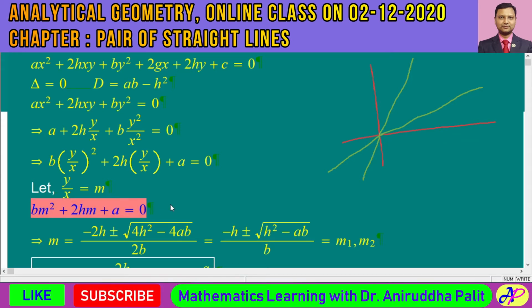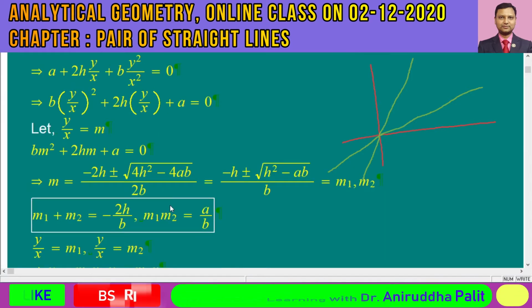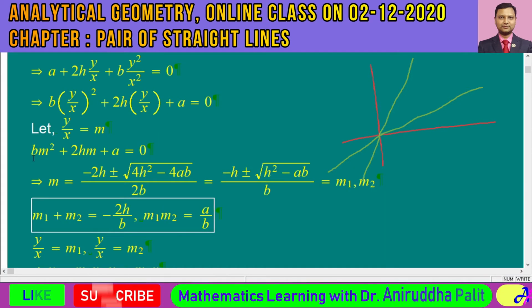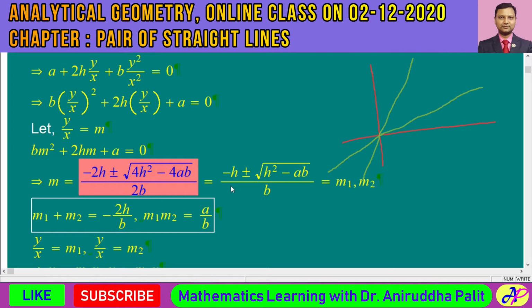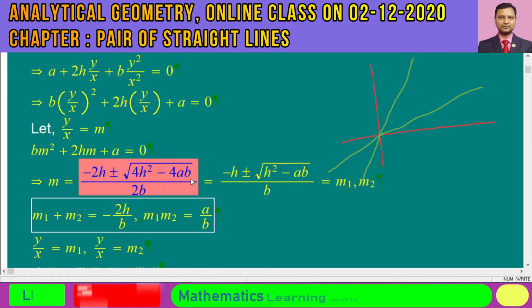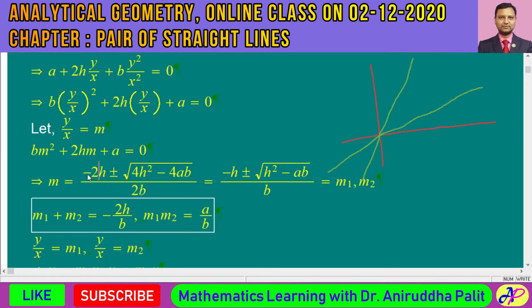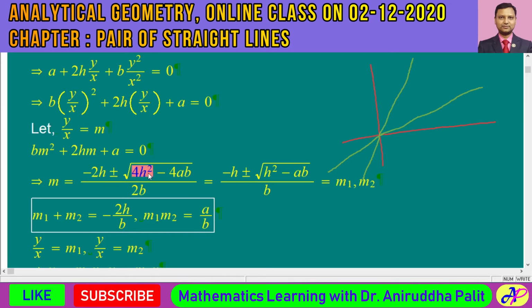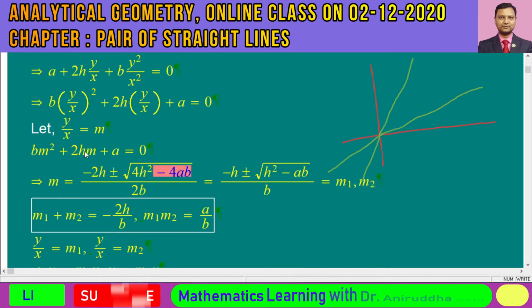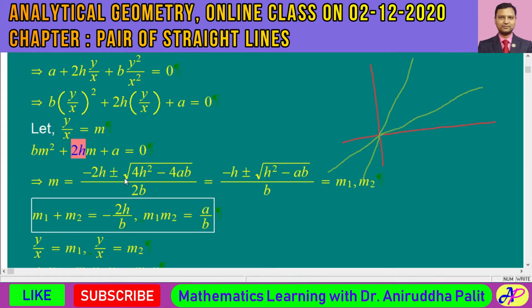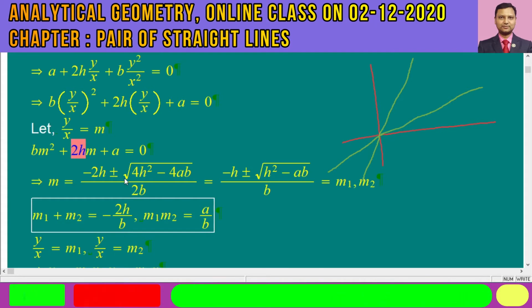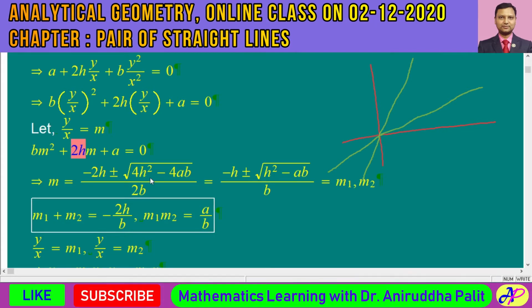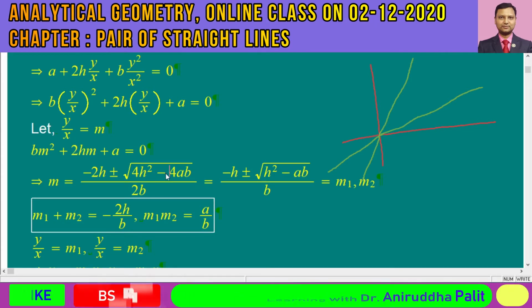Now if we want to solve the values of m, you would possibly get two values of m. This is the total solution: minus twice h plus minus square root of 4h square minus 4ab. This 4h square means square of twice h, so twice h whole square, that is actually 4h square minus 4ab.